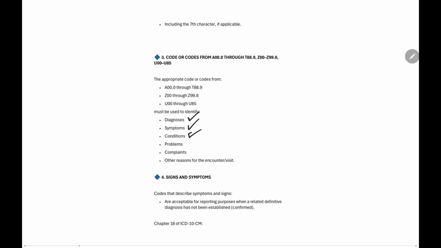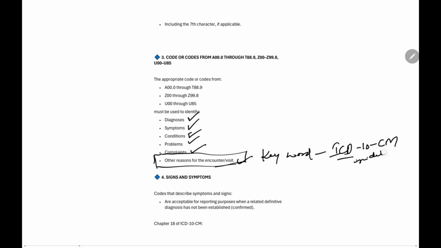So after the problem and symptoms are explained, there is a definitive condition, a definitive diagnosis, that is named as a condition. What are the problems associated with it, what are the complaints, what are the other reasons for the visit, okay, this is very important to understand. We will discuss that later. This is the keyword to remember in any ICD. Especially in the ICD-10-CM guidelines, the primary diagnosis always refers to the reason for the visit or encounter. Okay, so we will discuss this further.